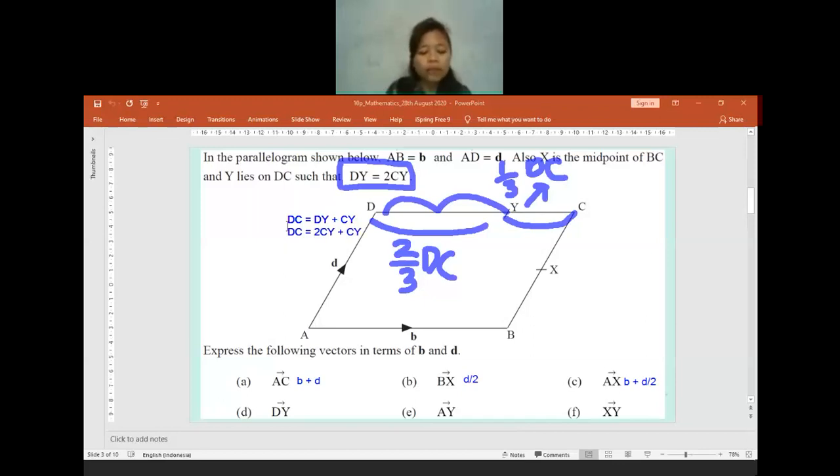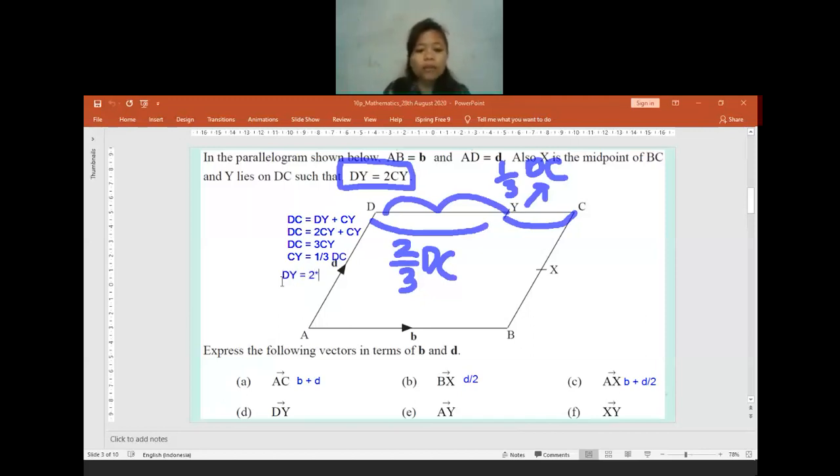So in total dc will be 3 times of cy. Or in other words, cy is equals to 1 per 3 of dc. If dc as a whole is one part, it means dy will be 2 per 3 of dc.